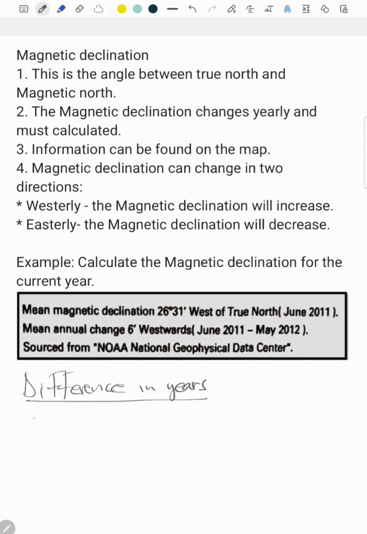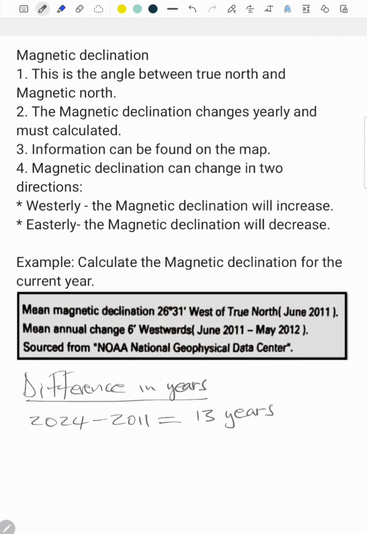Then we are going to have 2024 minus 2011. And this will give us how much? It will give us 13 years. So the difference in years from 2011 up to 2024 is 13 years.